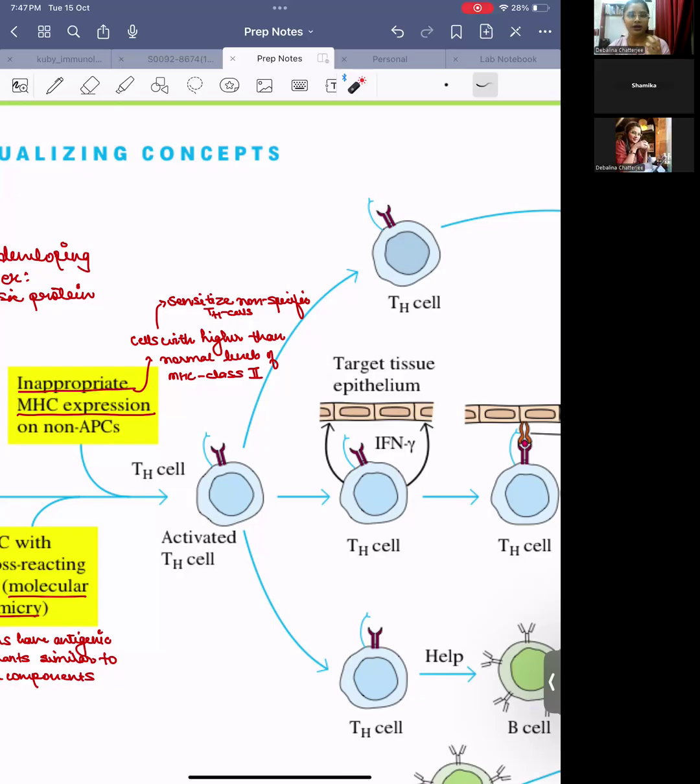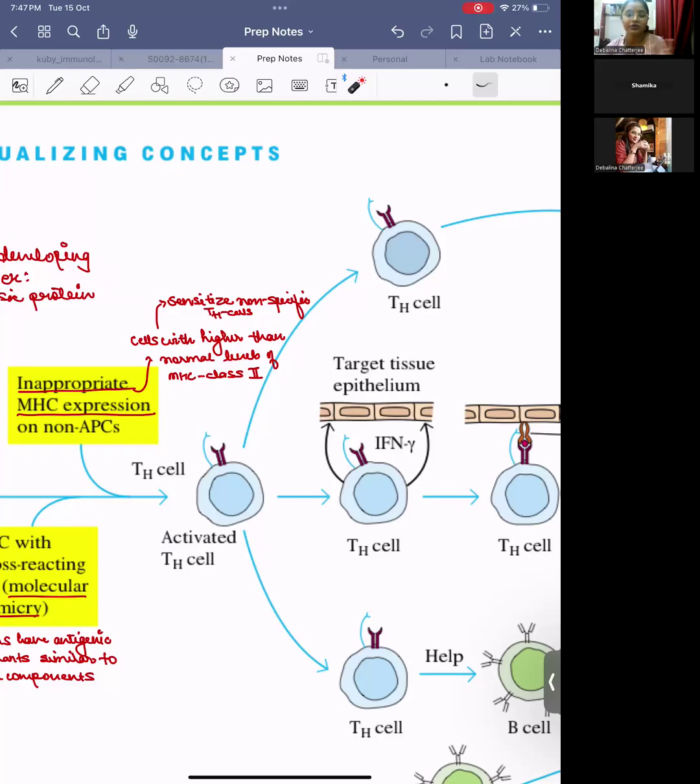But its usual job is not to be an APC, right? So it doesn't really know how to do it, and in this process it can present false antigens to the T cells. If it is presenting some sort of false antigen, something that the T cell should not have recognized as an antigen, the T cell only knows that this is being presented and it has to mount a response.